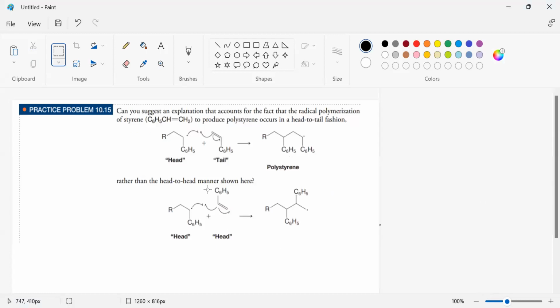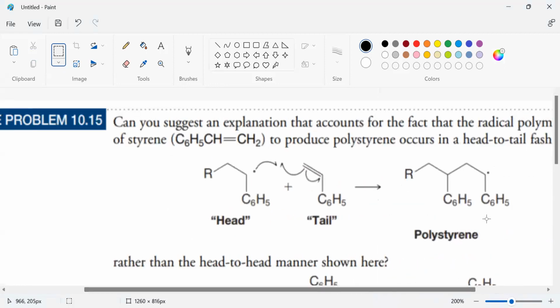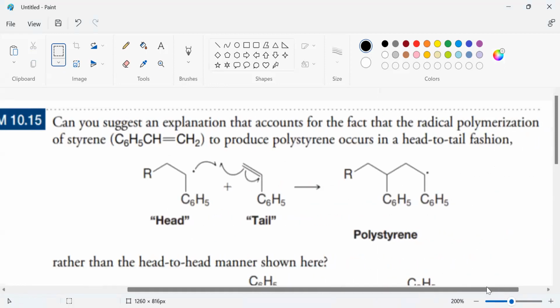So the question is why head to tail, why here and not here. Can you suggest an explanation that accounts for the fact that the radical polymerization of styrene to produce polystyrene occurs in a head-to-tail fashion? So it becomes head and tail.